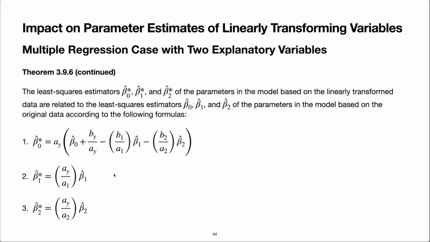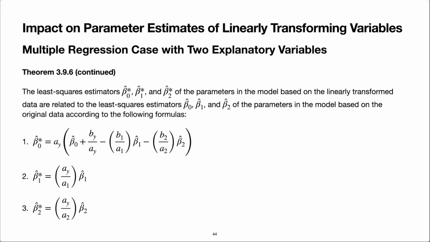And so we can see here that we have very straightforward, simple formulas that would allow us to calculate the least squares estimators of the parameters in the model based on the least squares estimators of the parameters in the original model.